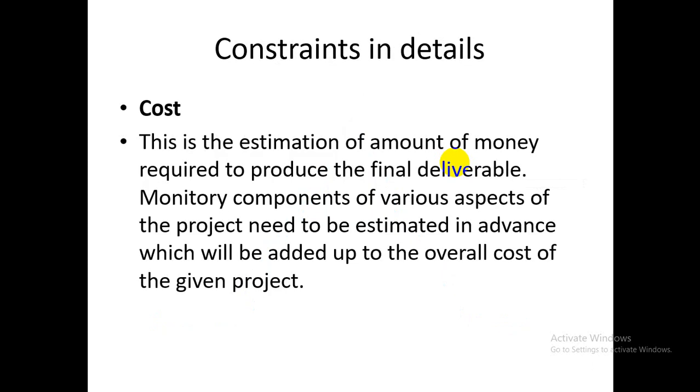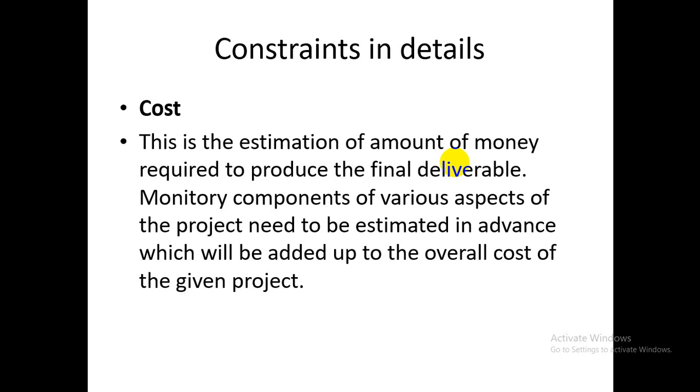With cost constraints, here we are saying this is the estimation of the amount of money required to produce the final deliverable, and monetary components of various aspects of the project need to be estimated in advance, which will be added up to the overall cost of the given project.